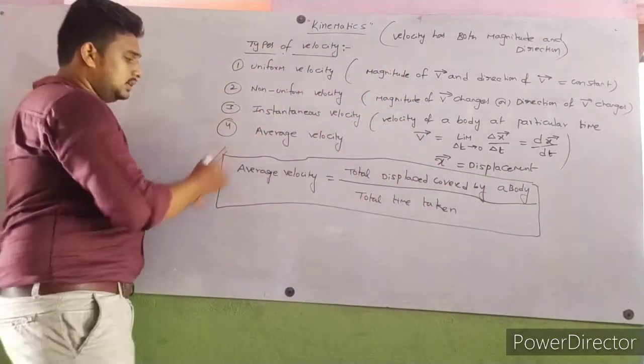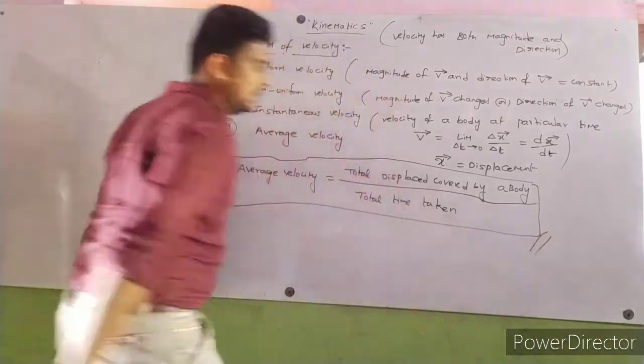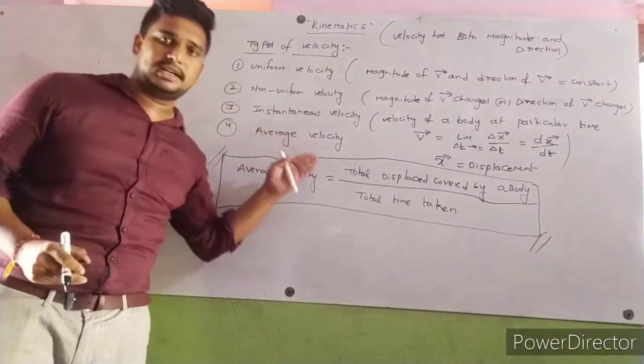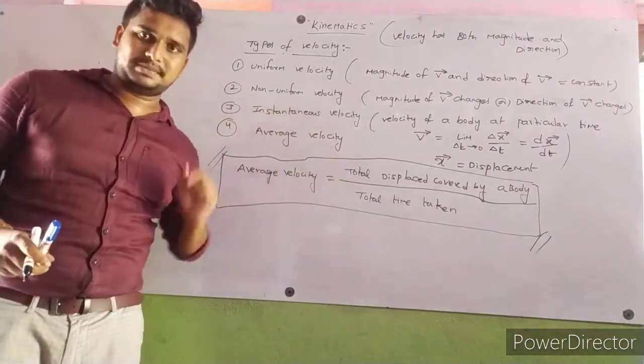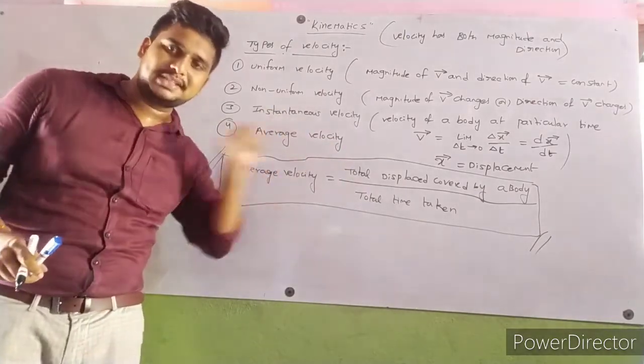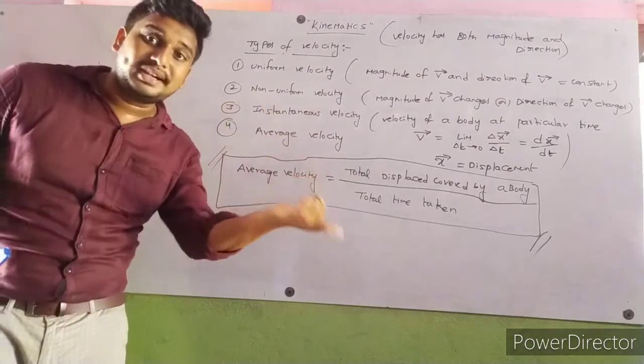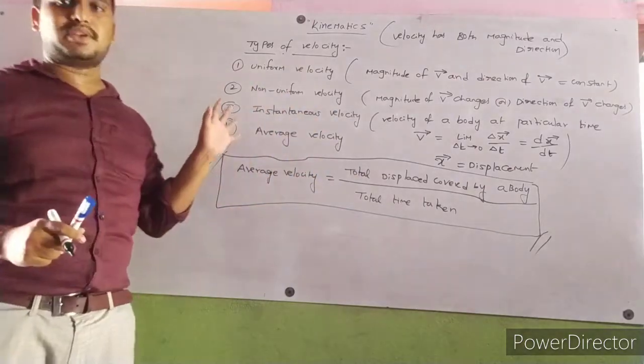So this is the formula of average velocity. Average velocity depends upon displacement because it is velocity. Velocity must depend upon displacement. Speed depends upon distance. So this is about the types of velocity.